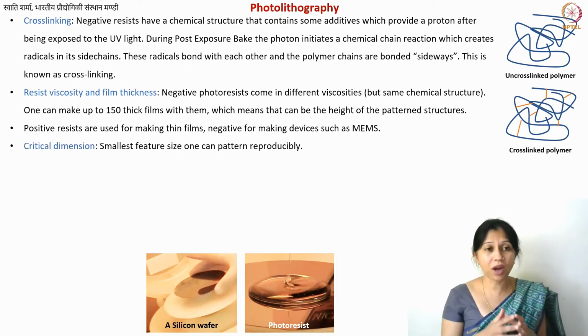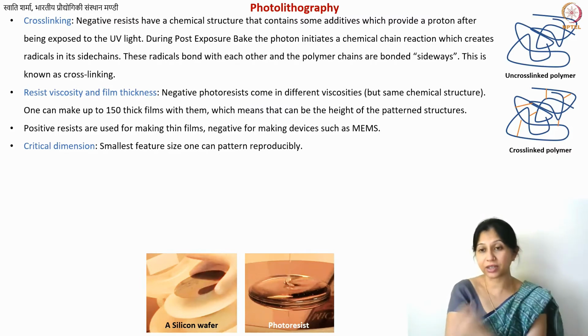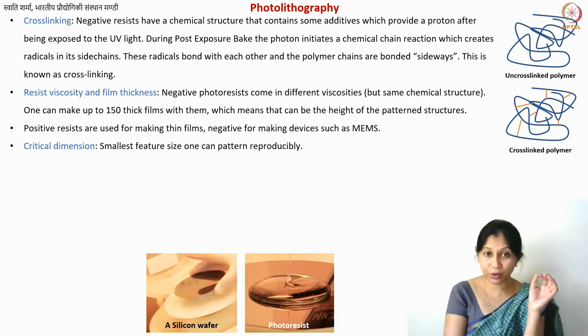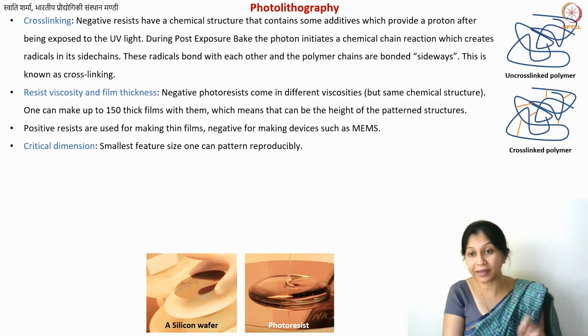Okay. Now, one more important definition, which is not just for photolithography, it is a general definition for all microscale devices, is the critical dimension. For all microfabrication techniques, the critical dimension is the smallest feature size that you can reproducibly make using any fabrication technique.